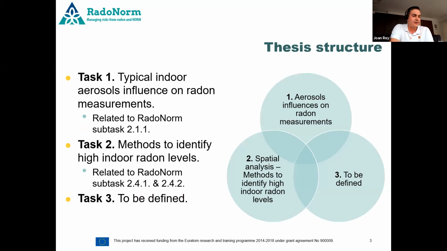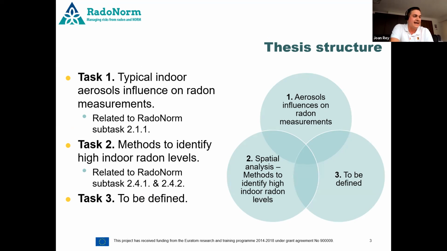So here you can have a look at the structure of the thesis. The first task aims to assess the influence of aerosols, specifically typical indoor aerosols like candles, cooking, air fresheners, or smoking, on both passive and active radon measurements. This task is related to subtask 2.1.1 of RadoNorm.